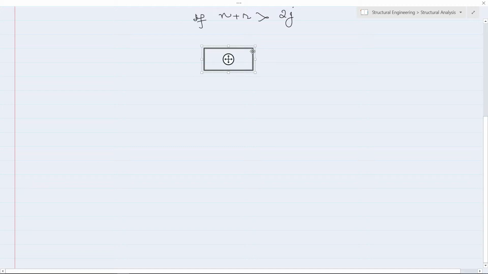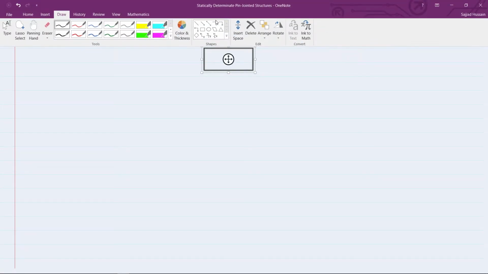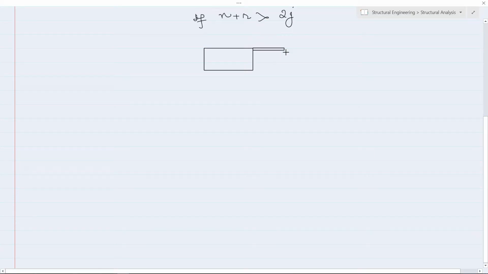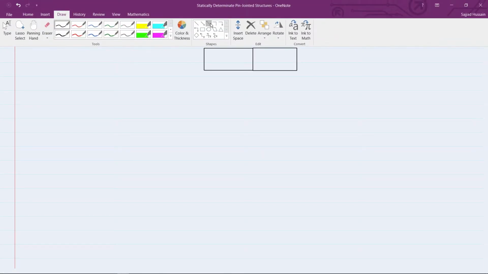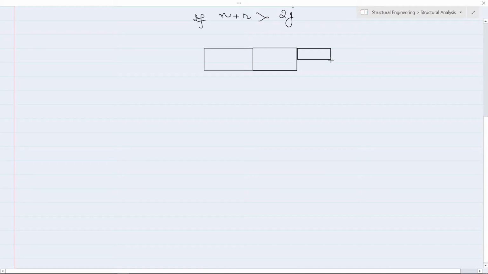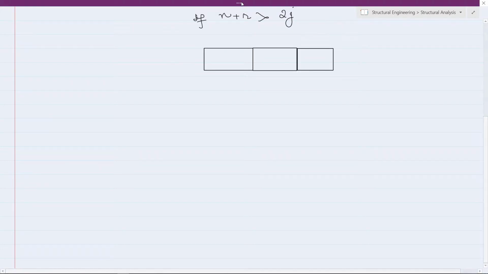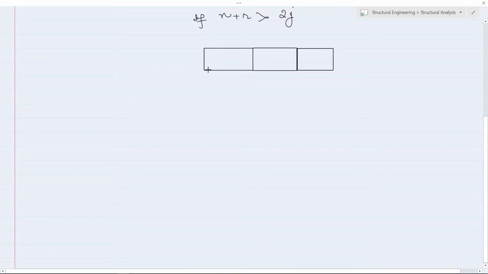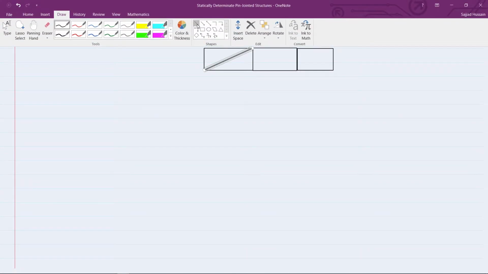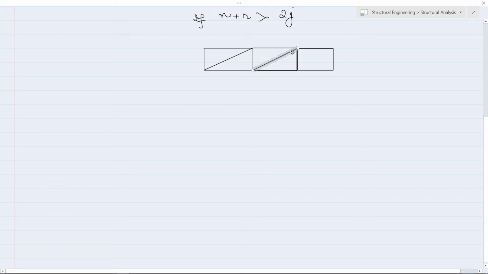Say we have some frame like this, and of course they are joined internally so that they will form a stable configuration.